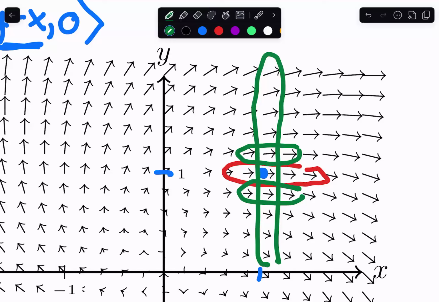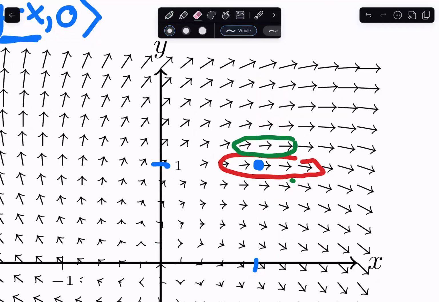And it seems to me that the vectors that are higher up seem to be longer than the vectors that are lower down. So I think overall, the vectors on the top here are going to be winning out. And as they push, they're going to be trying to spin this in a clockwise direction.